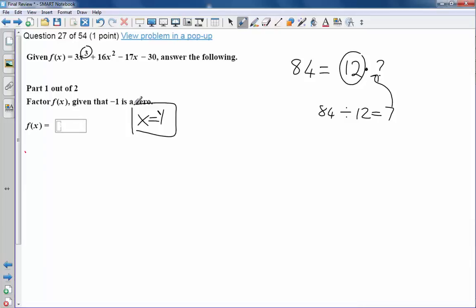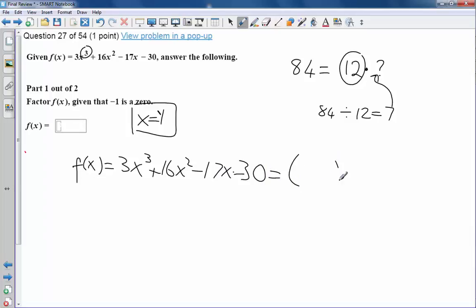Because once you know a zero, that means this function can be split into factors using those zeros. So this four-term polynomial has already been given one piece here using this. What is that piece though?